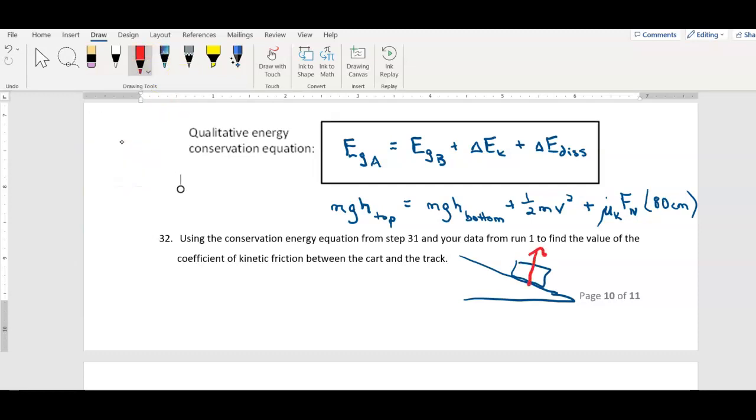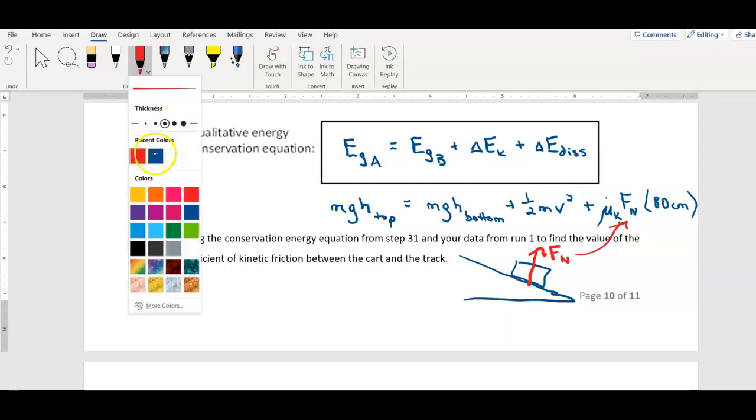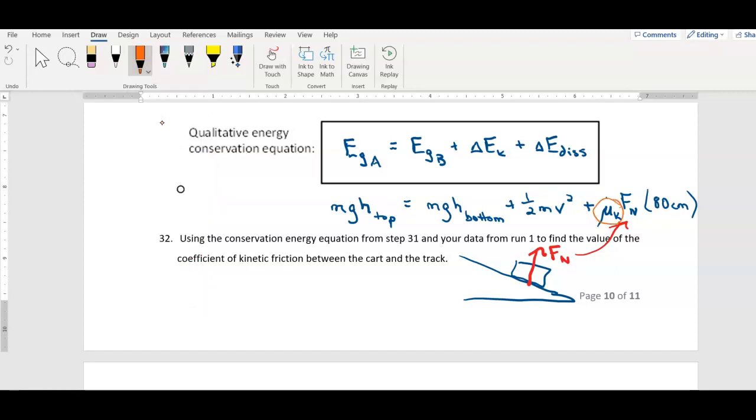It's perpendicular to the track, and you're going to need to find that so that you can calculate the friction force. And then the thing that we'll be solving for is this, because that's what it's asking for. It's asking us, what is that kinetic coefficient of friction between the cart and that aluminum track?